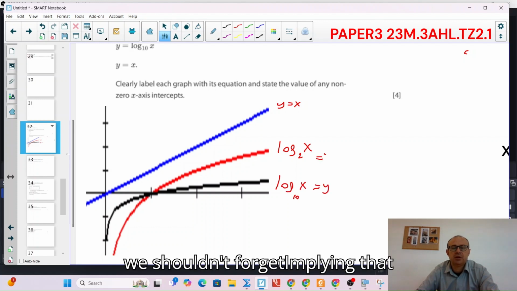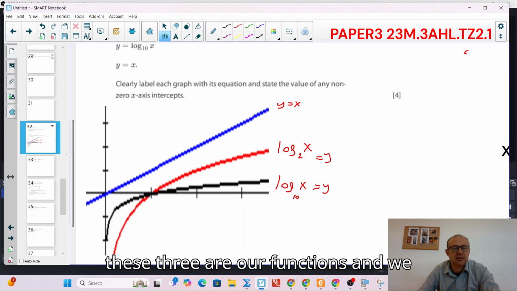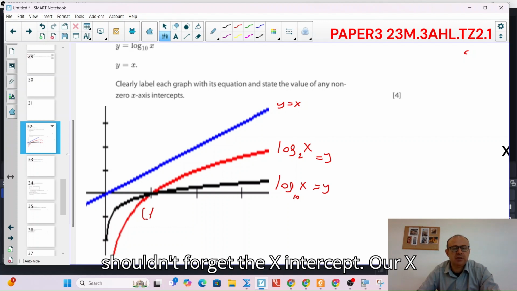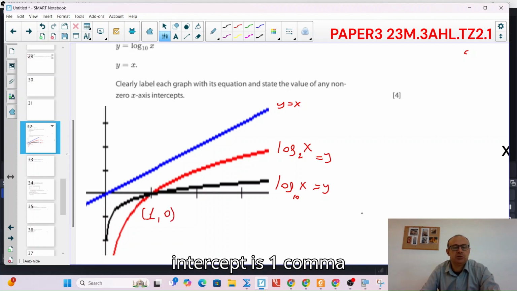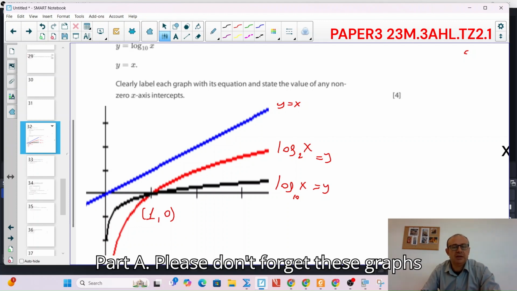We shouldn't forget to label these as y functions, and we shouldn't forget the x-intercept. Our x-intercept is (1, 0). And these are the graphs for part A. Please don't forget these graphs.